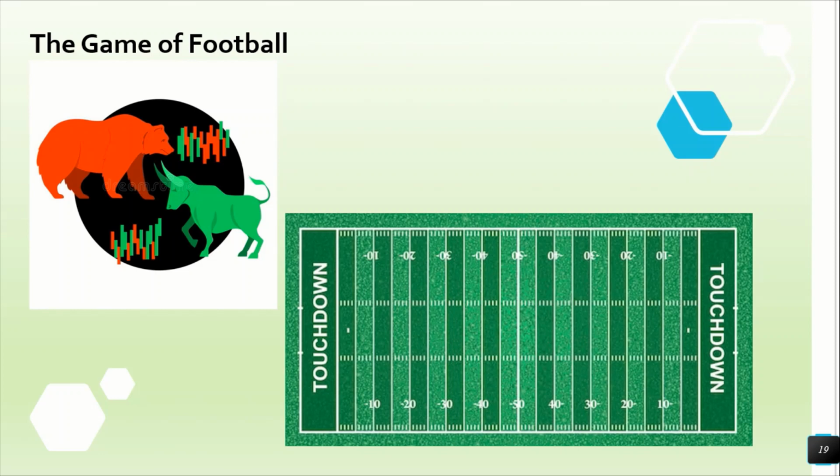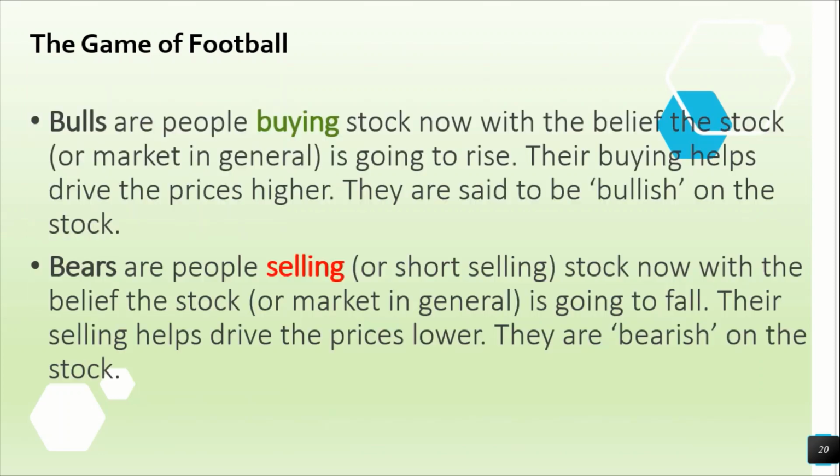So, ano bang ibig sabihin? Bakit kailangan pinupush down and up yung prices? So, the bulls are the buyers while the bears are the sellers. Okay. Tignan nating mabuti yung description niya. When you are a buyer, pag bumili ka ng stock, you have an intention of selling it. While if you are a seller, you would want, if you have an intention of selling, you would want to rally the prices lower.